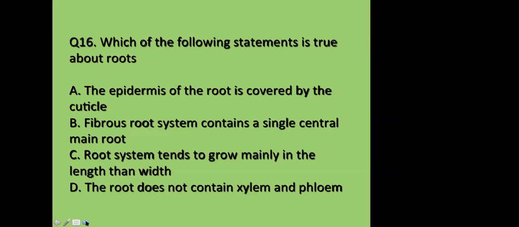Whereas the fibrous root system will be having many small roots at one particular place. There is no main root. It has many number of roots that arise from one place. So that is called as a fibrous root system. And this sort of root system is found in all the monocots.